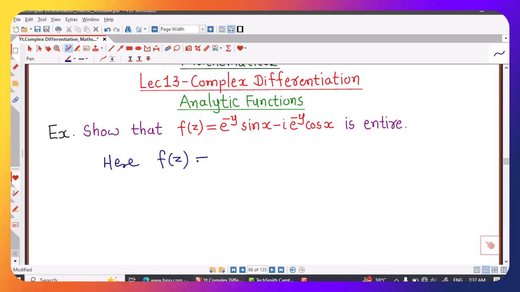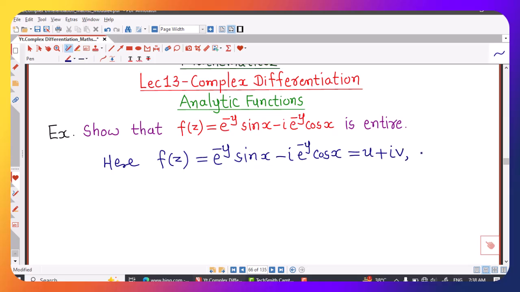and it is already given with its real and imaginary parts. So we can compare this with u plus iv, and we can write its real and imaginary parts.